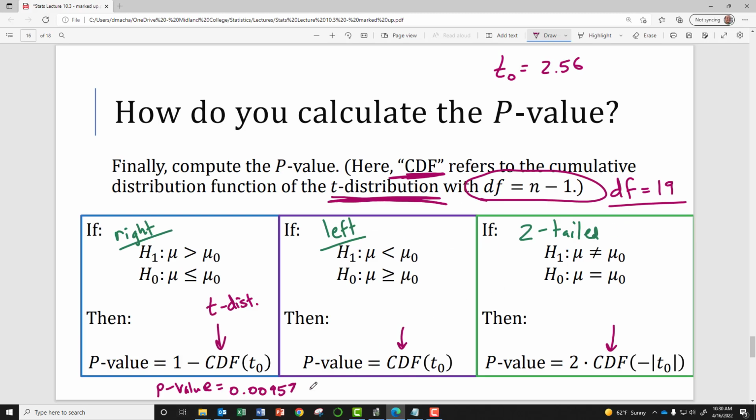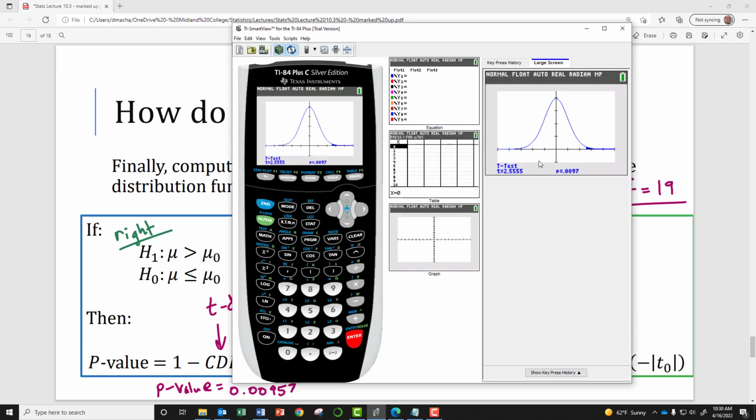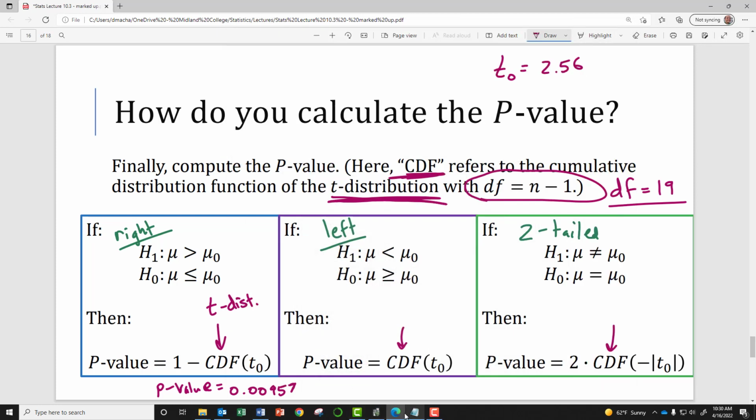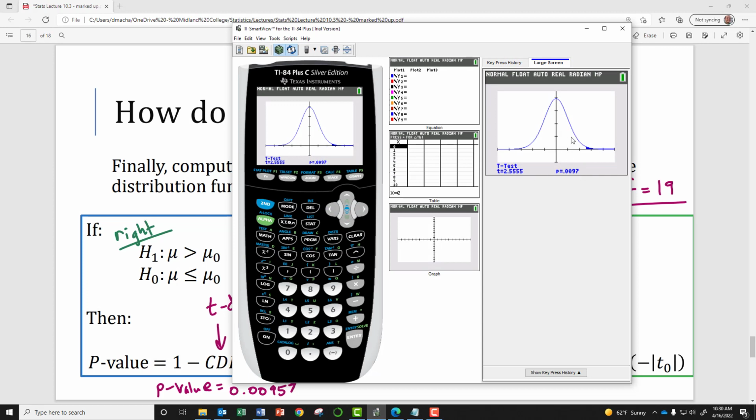And that's exactly the p-value that we calculated. The other thing is that it gives me my t-test statistic, which is 2.56. That's exactly what we calculated for our t naught test statistic. And again, the unshaded region underneath this curve would represent my percent confidence in my alternative hypothesis. So since the majority of the area under the curve is unshaded, that tells you that I have a very, very high percent confidence in my alternative hypothesis.